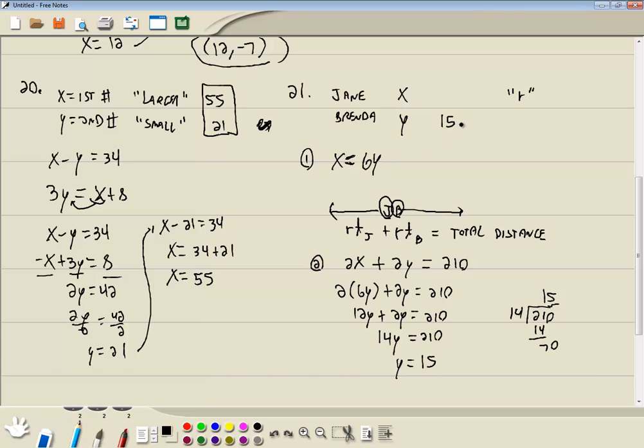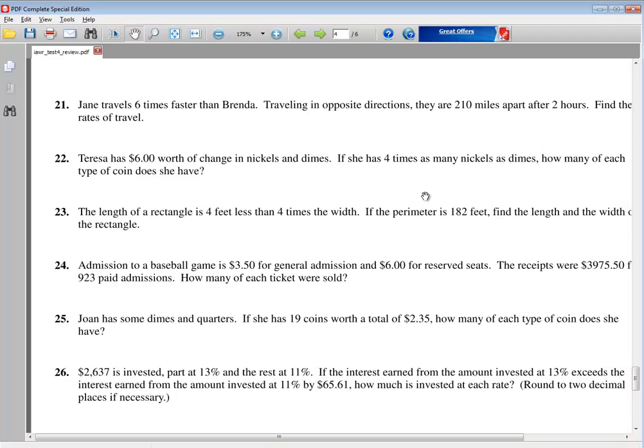So 6 times 15 gives us 90. She's really traveling fast. She's driving 90 miles per hour in a car, and Brenda's going so slow. Okay, regardless. Let's see if those make sense. Besides the fact that you shouldn't be going 90 miles per hour.